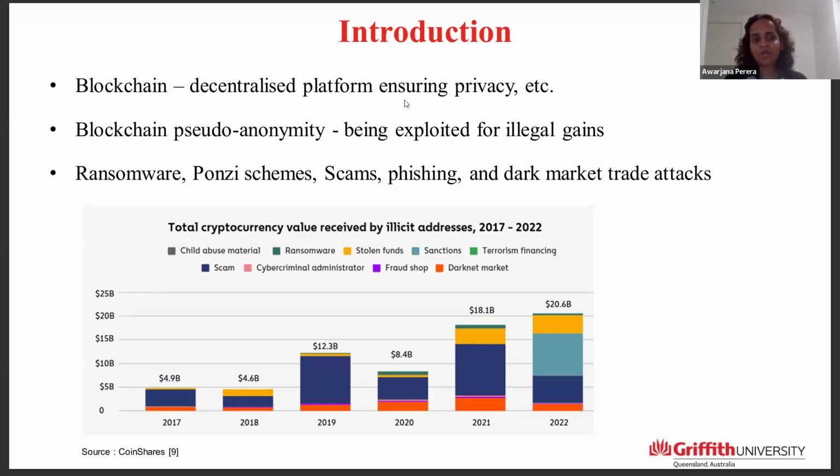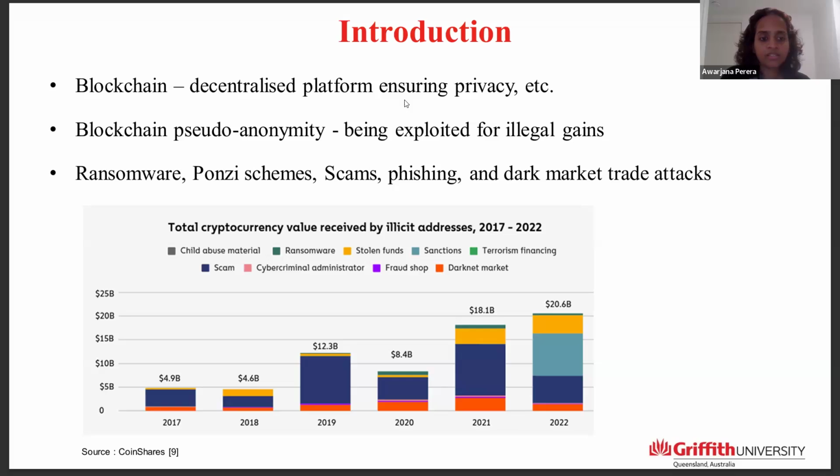So we all know that blockchain is a decentralized platform to manage data and ensuring privacy and many other benefits. So blockchain has very beneficial features like decentralization, immutability, and pseudo-anonymity. However, this same feature, pseudo-anonymity, even though it offers many benefits, is also being exploited by attackers for different illegal gains like ransomware, scams, and so on.